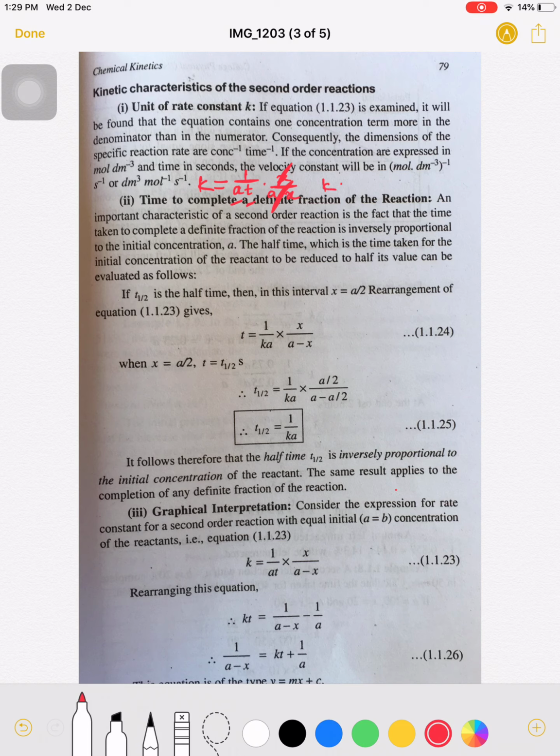So now k is equal to 1 upon mole per dm cube into 1 by t, that is 1 by time. So time inverse is there. Now the unit of k is written like this: dm cube is there, so 1 by dm cube becomes dm cube on the numerator, so dm cube divided by mole into 1 by second.